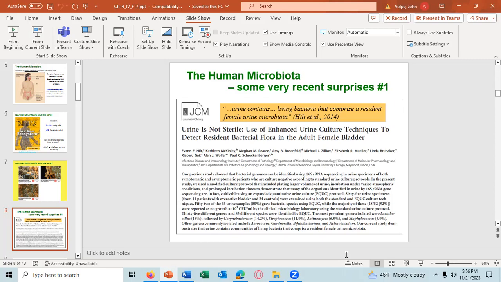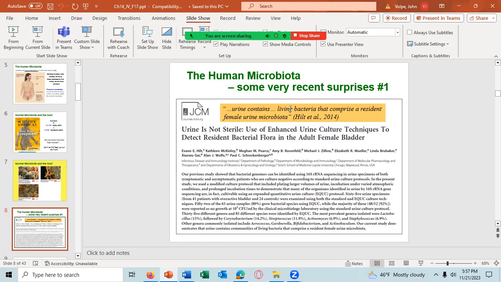But in the females, we definitely have normal microbiota that moved up and went inside the bladder against the flow of urine and potentially against the flow of gravity as well. We do know that the lower urethra has a lot of normal microbiota, and occasionally that normal microbiota can move up to the upper urethra, and then rarely the normal microbiota can actually come up to the bladder, causing a UTI.